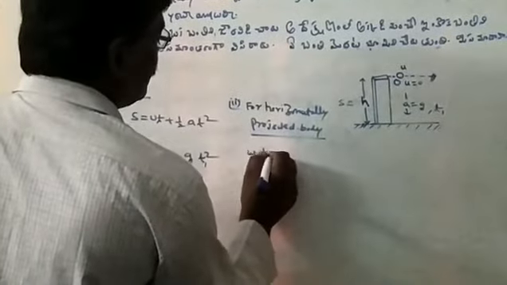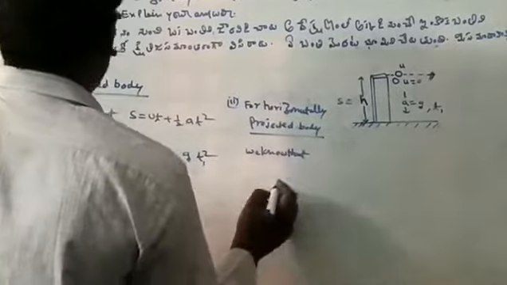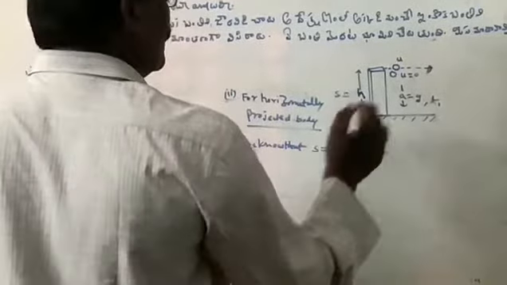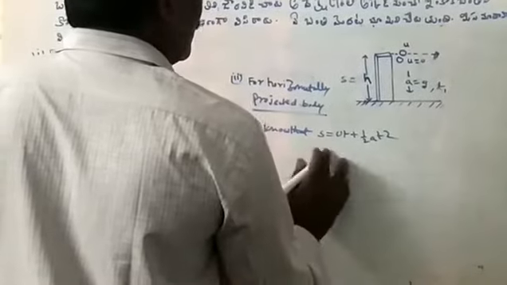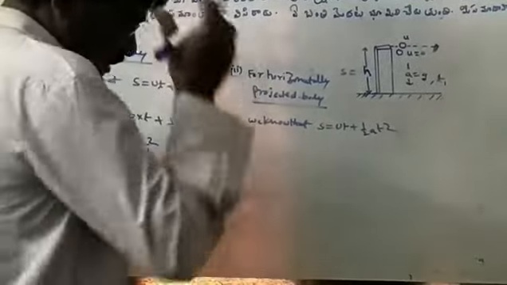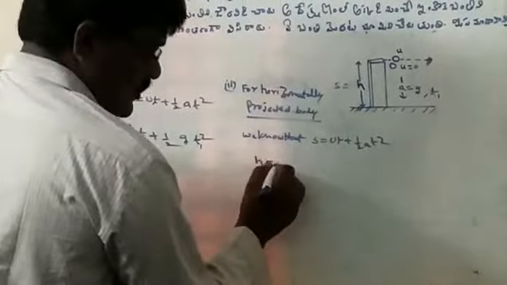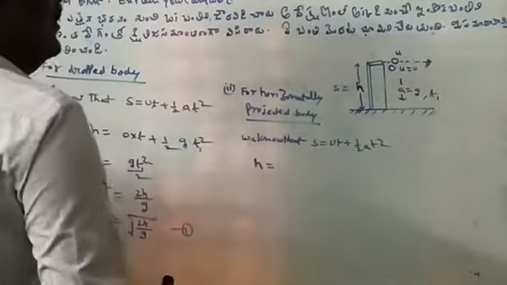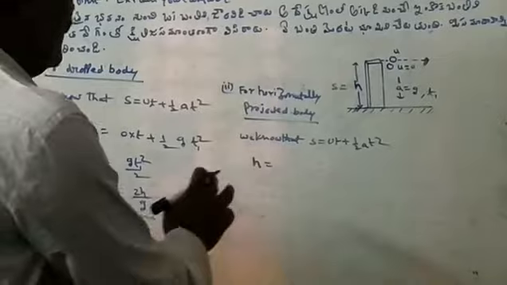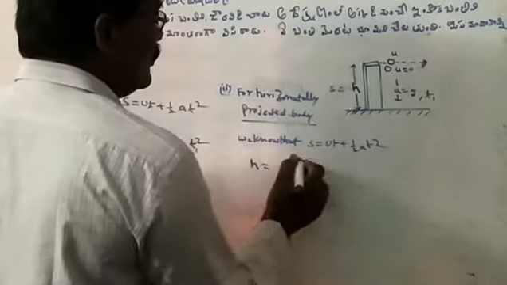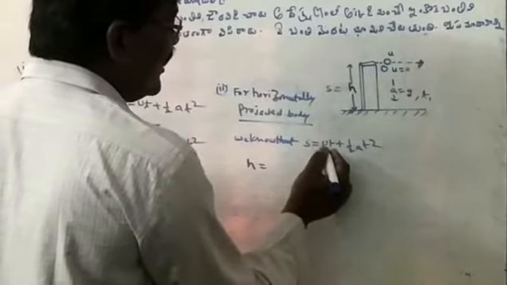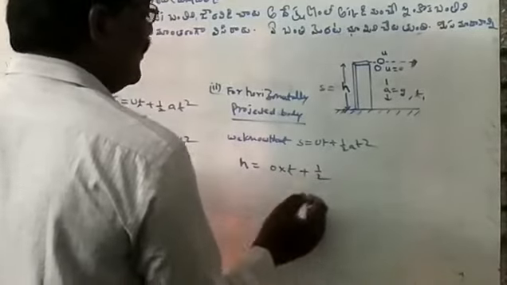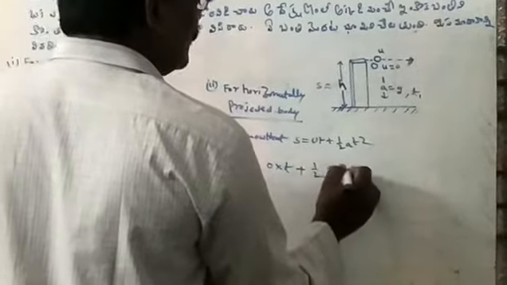For the horizontally projected body, we know that s is equal to ut plus half a t square. Here s means the distance traveled by the body, s is equal to h, where h means the vertical displacement. So h is equal to the initial velocity along the y direction, 0, into t plus half a, which is g, into t2 square.